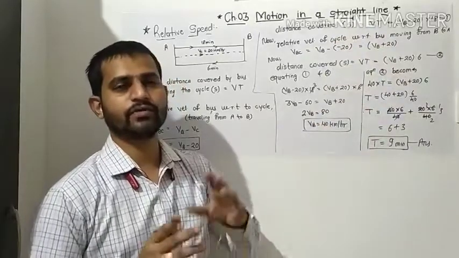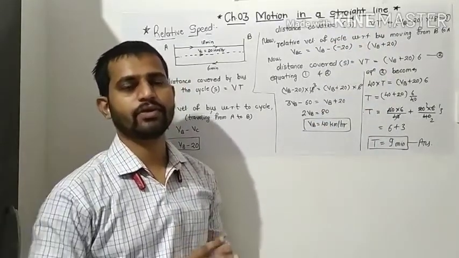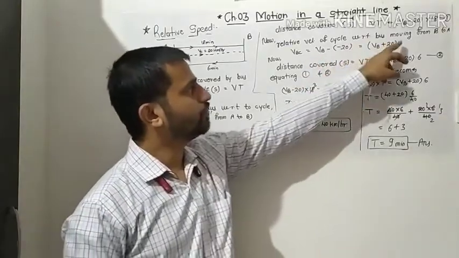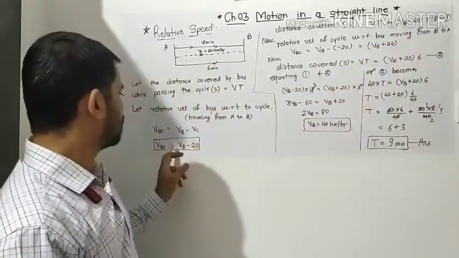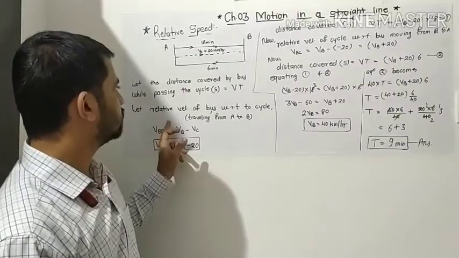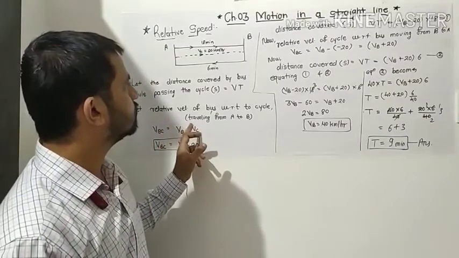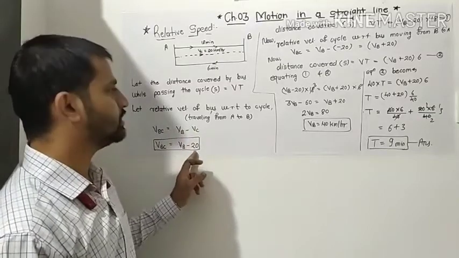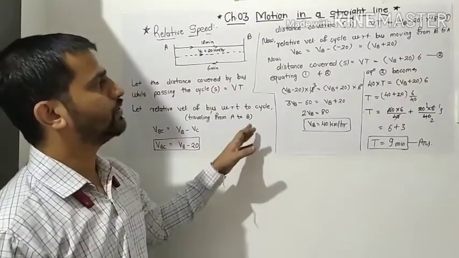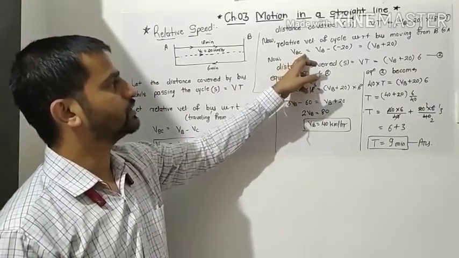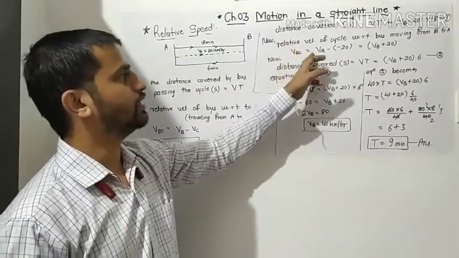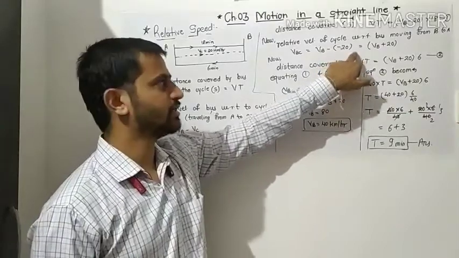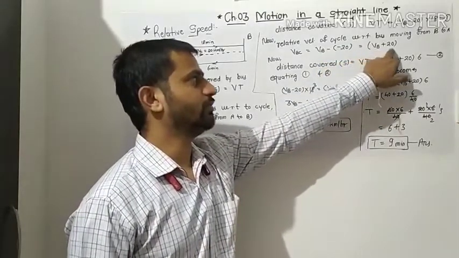We have calculated the velocity of bus while traveling from A to B, it is VB minus 20. Then we have considered the velocity of bus traveling from B to A. In that we have to consider the direction, and accordingly we have to take the sign here.